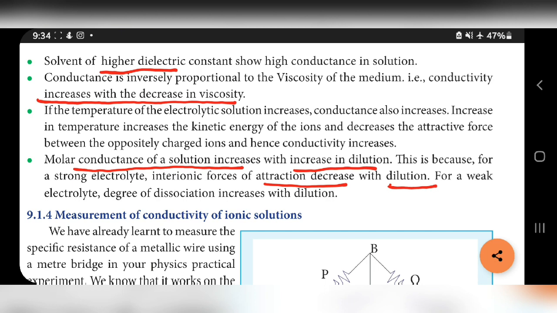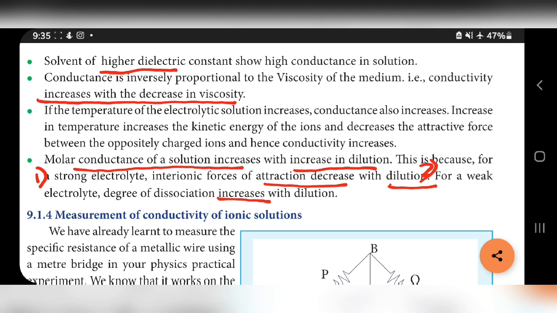So the distance between the ions is large, and the interaction between the oppositely charged ions is very small, so conductance is more. For a strong electrolyte, interionic force of attraction decreases with dilution; for a weak electrolyte, degree of dissociation increases with dilution. With this point, factors affecting conductance are over.